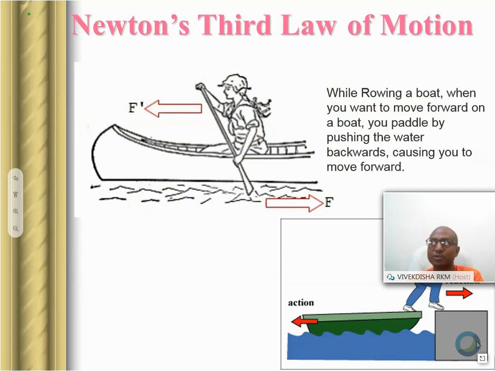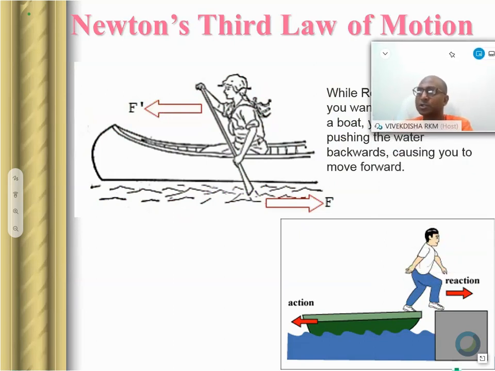And actually the boat starts moving. So in case of a person coming from a boat to the land, he just jumps, and at that time if he jumps, then he lands on the platform and the boat moves just oppositely. So these are the things we find on many occasions.